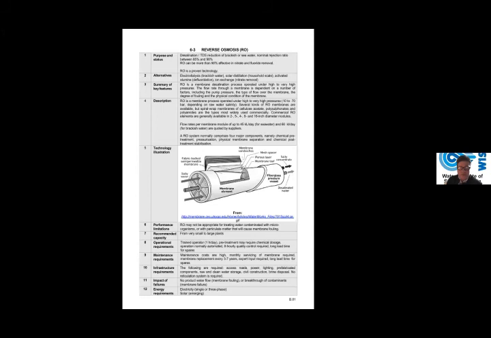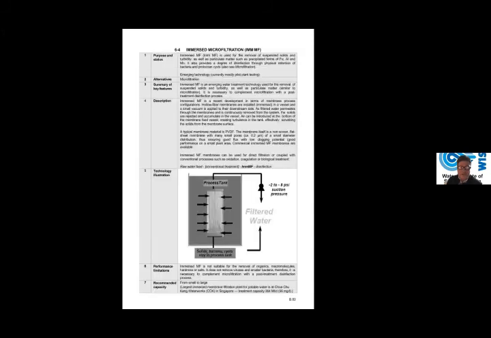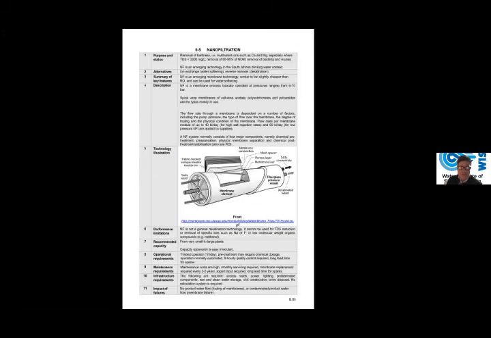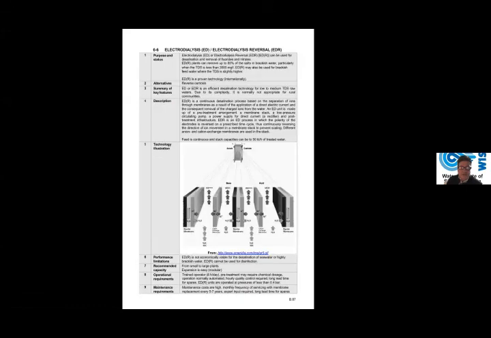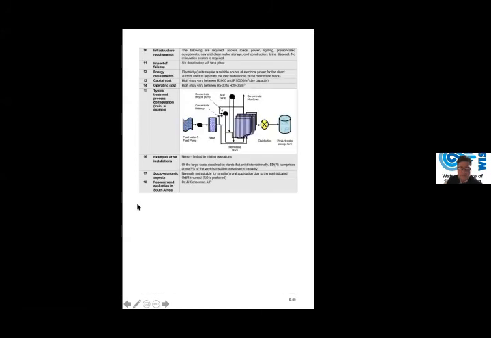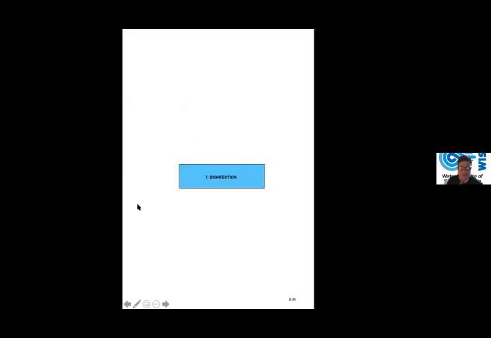RO, often used. Nanofiltration, electrodialysis. I haven't seen a lot of those in small household water treatment for household use, more industrial use. But there are the options of doing that.